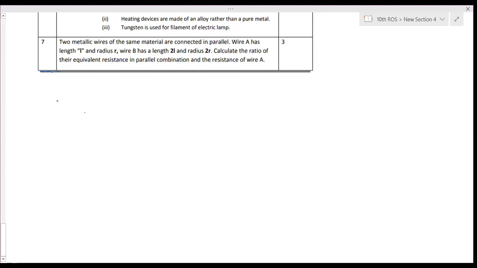Why? This is the question I have given in one of the papers also. Wire A has a length L and radius R. So that means the resistance of wire A is equal to rho L by pi R square. And the resistance of B, it is the same material, so the resistivity remains the same, is rho 2L by pi (2R) whole square.